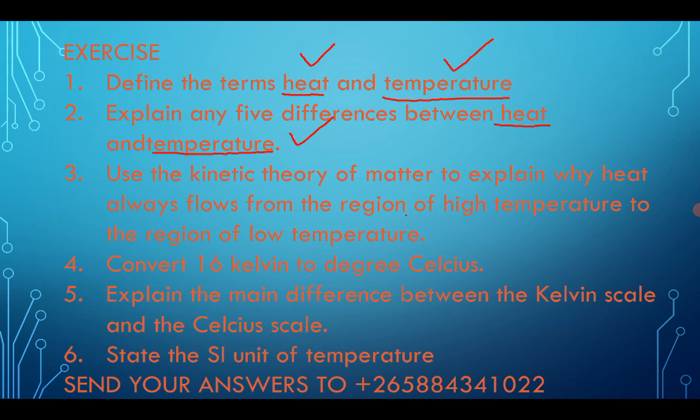Explain the main differences between the Kelvin scale and the Celsius scale. This we have not tackled in this lesson, but it is assumed that you looked at the differences between these two temperature scales in Form 3. Lastly, you state the SI unit of temperature.